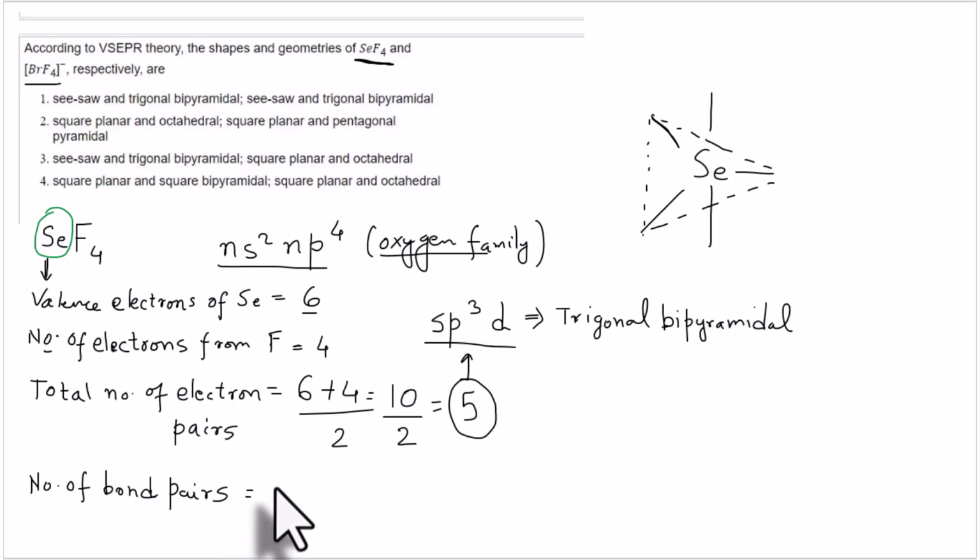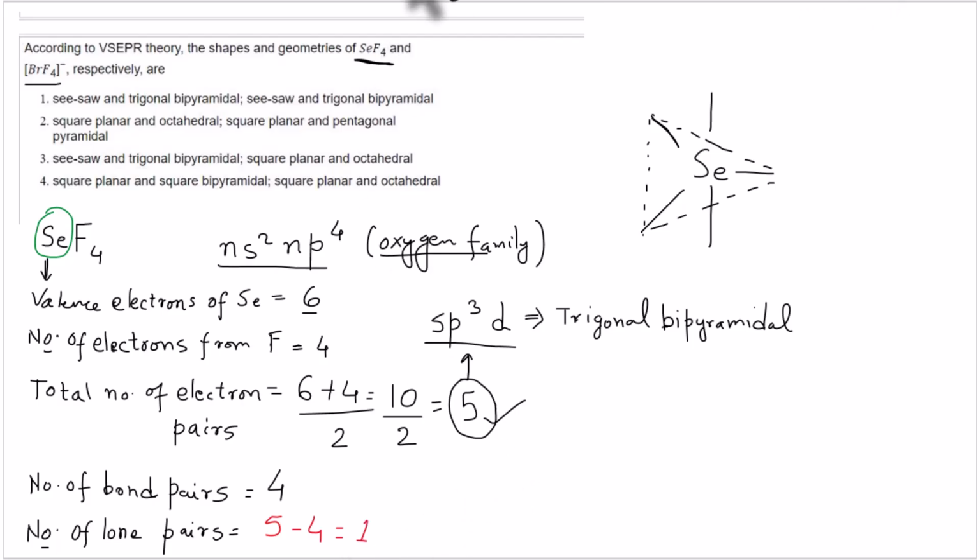How many bond pairs do we have? There are 4 fluorine atoms which are bonded to selenium, so the number of bond pairs is 4. Now how many lone pairs do we have? The total number of electron pairs is 5, as we saw. So 5 minus 4 is equal to 1. So we have 1 lone pair in this compound.